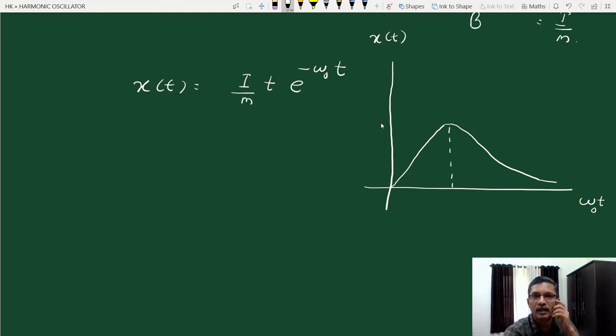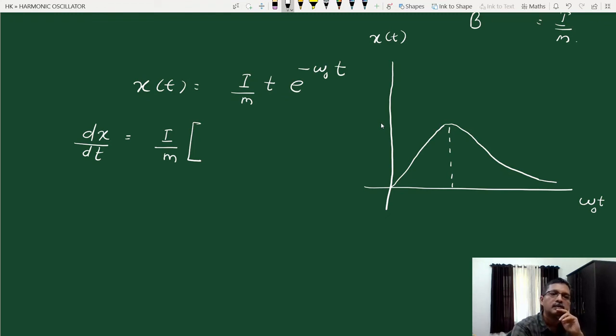Okay, so let us calculate the time at which it becomes maximum. That can be calculated by differentiating this expression. So what you get as dx by dt: I by m is a constant, so we get I by m, then the first function t, second function e raised to minus omega 0 t.